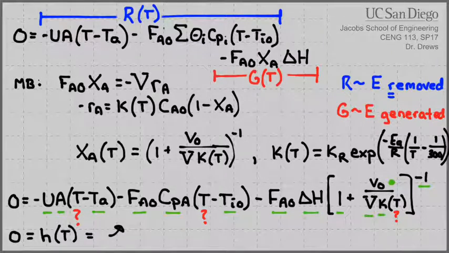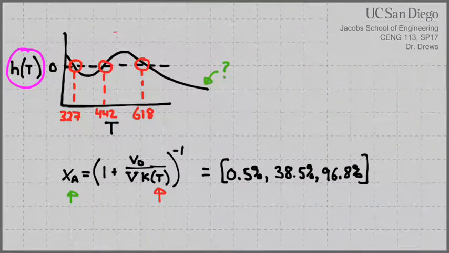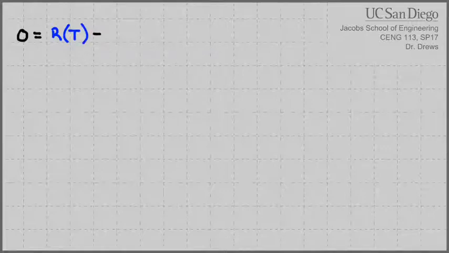So we have these two terms instead, and what we're going to look at is not when does R plus G or R minus G equal 0. Our general expression now looks like 0 is equal to R of T minus G of T. You can play with the signs however you want to make this work out.